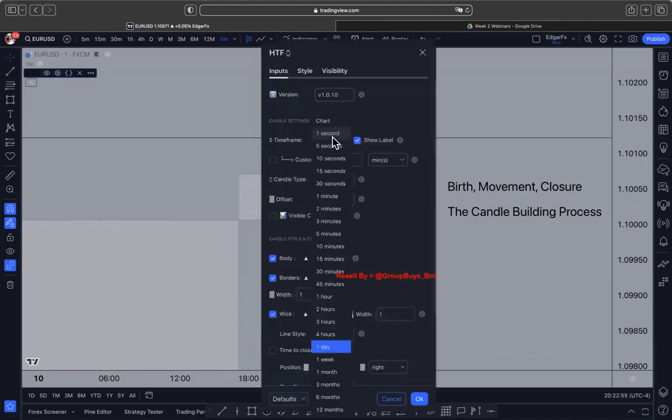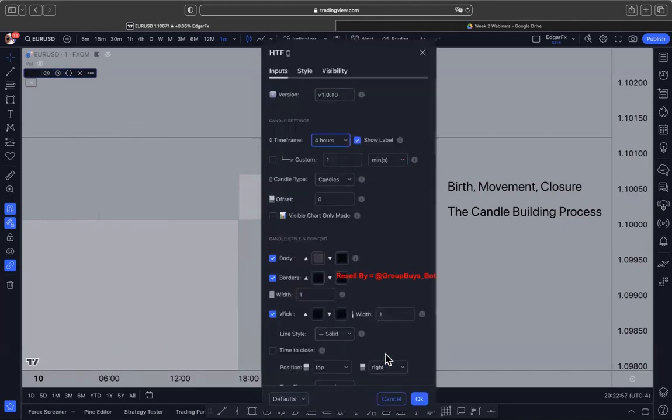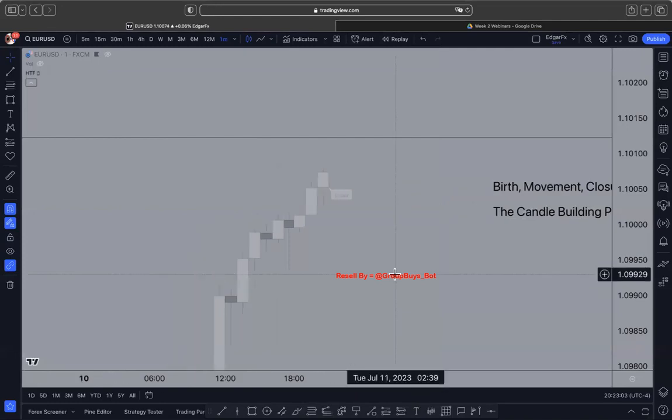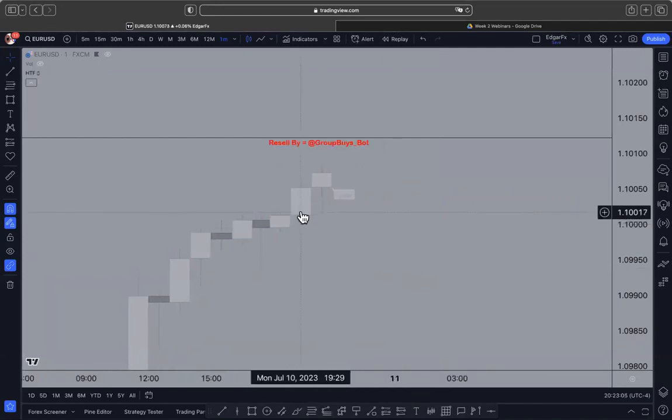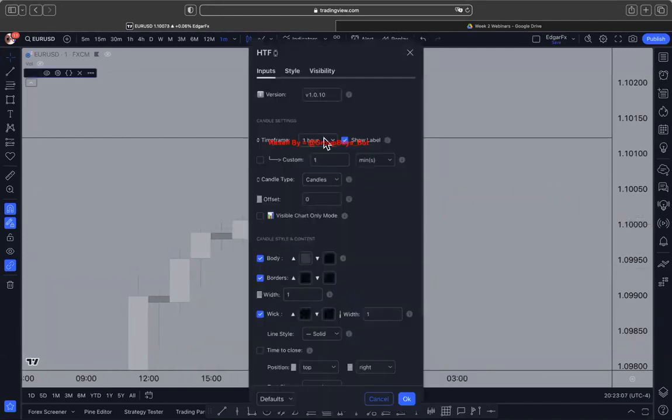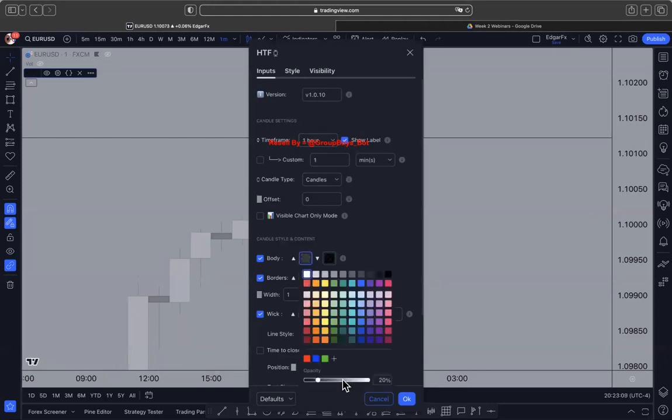Let me do 4 hours. Let me do 1 hour since we were building the hourly. So this is the 1 hour candlestick chart. Let me make it obviously visible too.